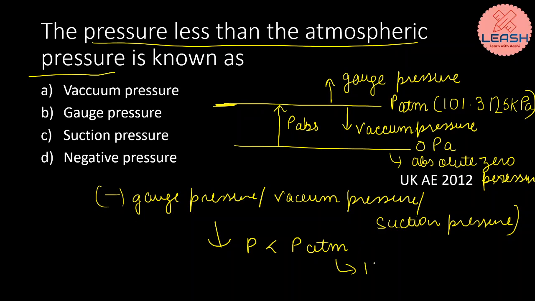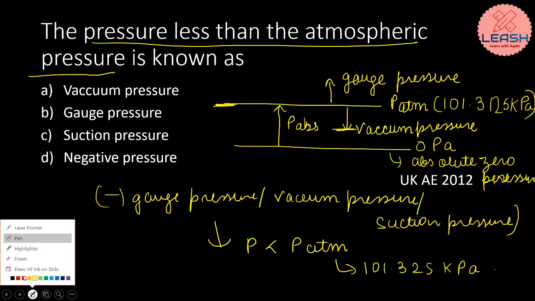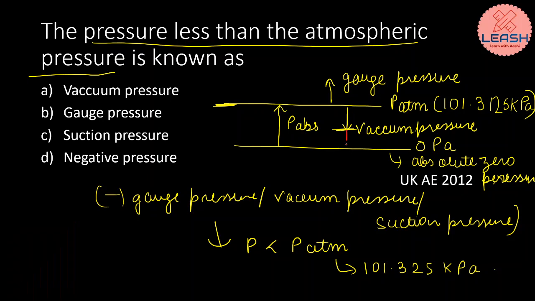Atmospheric pressure is equal to 101.325 kilopascal. Whereas if I want to look at absolute pressure at this particular location, I have to go from 0 Pascal. Whenever I am considering absolute zero as the reference, whatever pressure is there, I will call it absolute pressure. So absolute pressure is nothing but total pressure at any point starting from absolute zero.